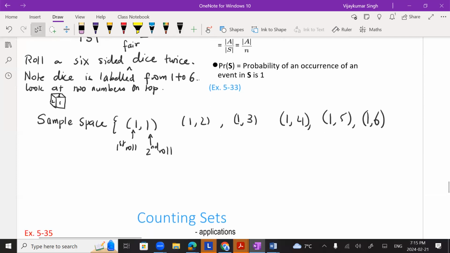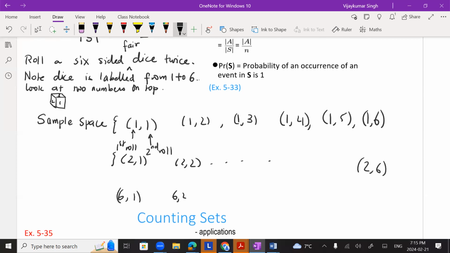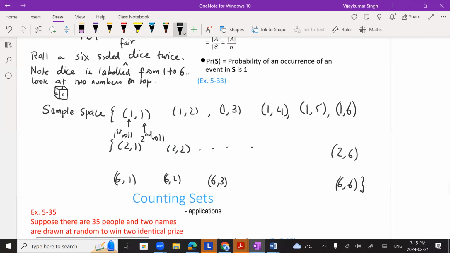Then similarly you'll have 2, 1, 2, 2, and so on, then 2, 6. And the last line will be 6, 1, 6, 2, 6, 3, 6, 4, 6, 5, 6, 6. Okay. This is my sample space. Then the question is, what is the probability?